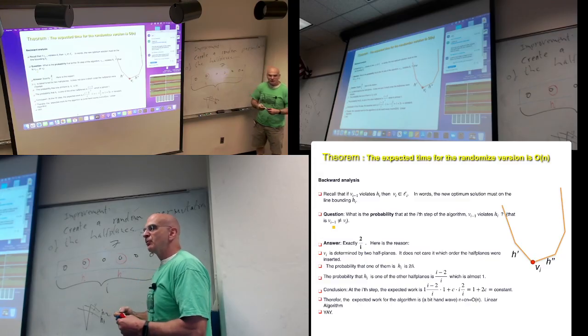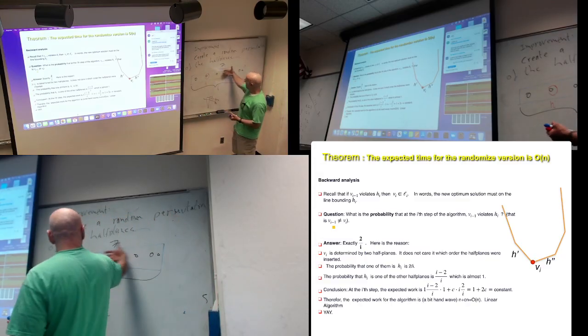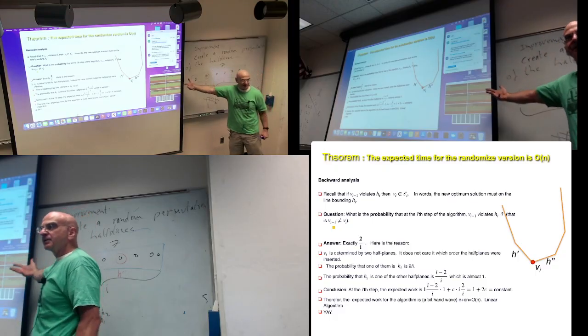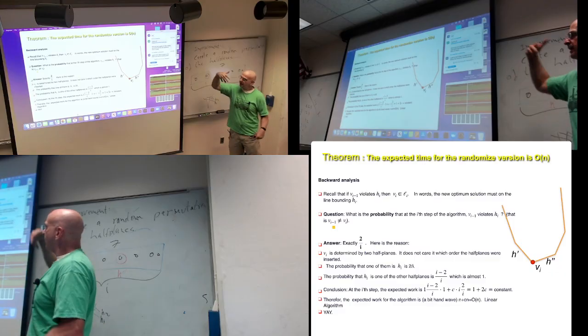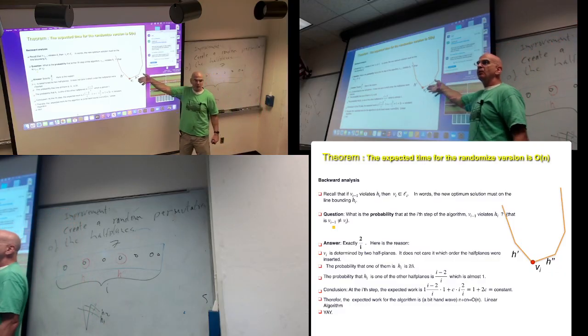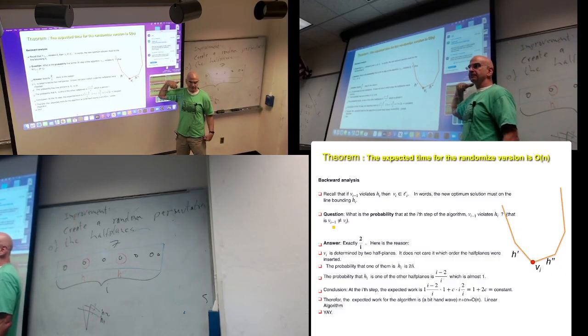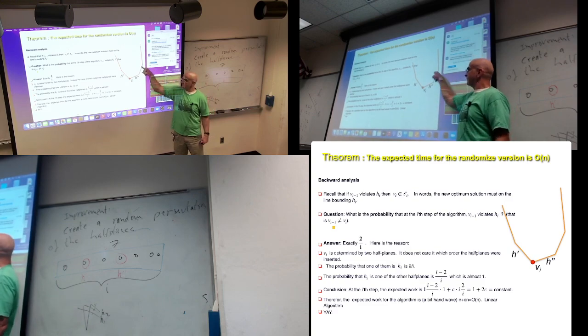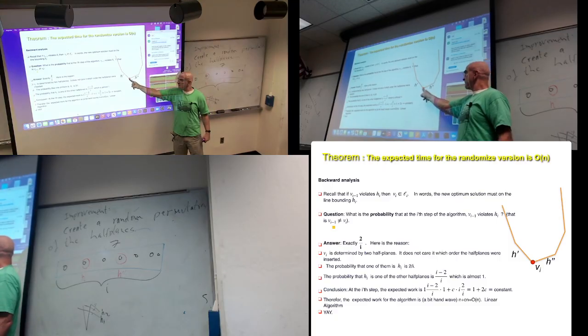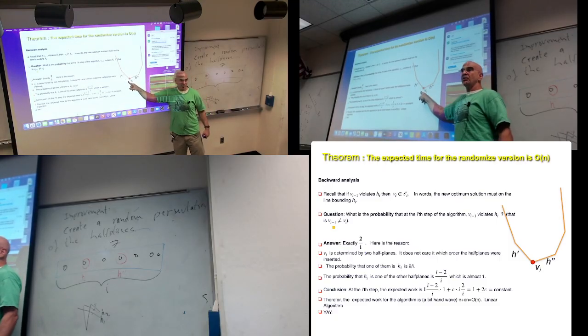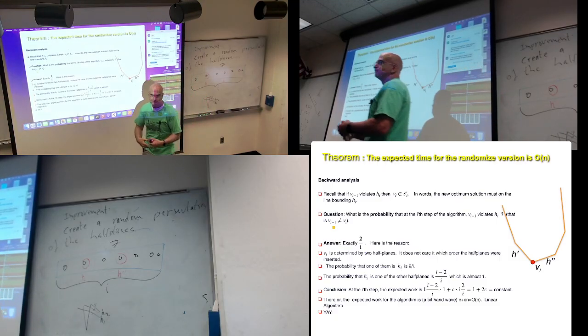Why is this called backward analysis? Because I can think about it in reverse now. I already entered all these i half planes. I decided about their identity. I entered all of them, and now I pick one of them at random and remove it. If every half plane has the same probability of being removed, what's my probability that I'll remove either this guy or this guy, the one that determines the optimum?